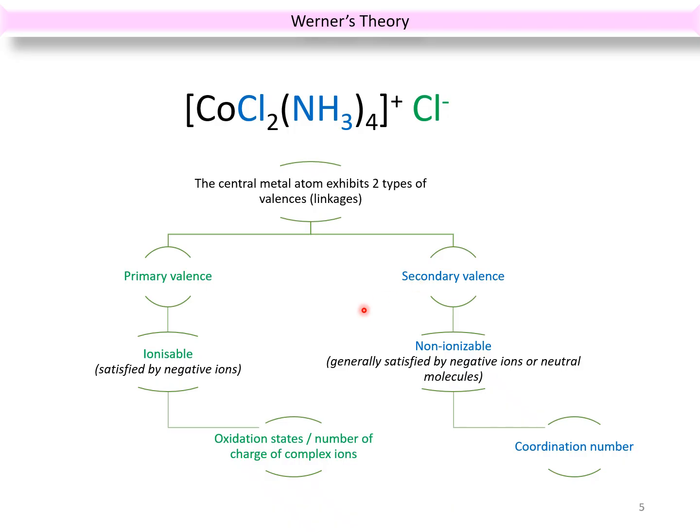So what is happening? Werner postulated that there are 2 valences that could explain the difference in coordination between these ligands, whether they coordinate within the coordination sphere or become the counter ion.